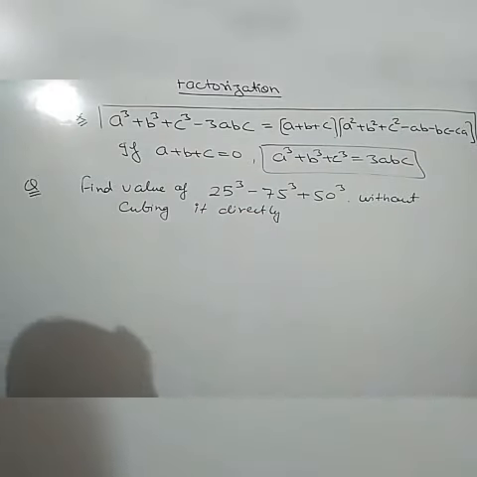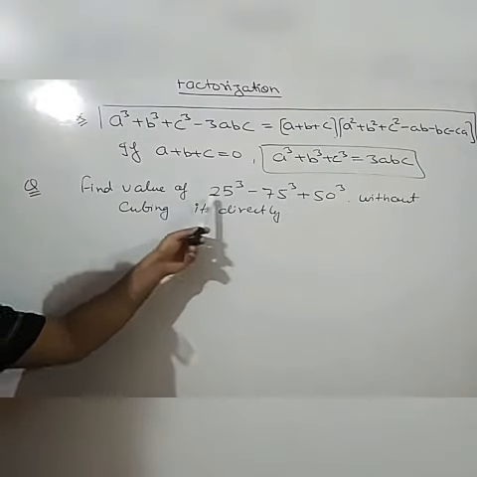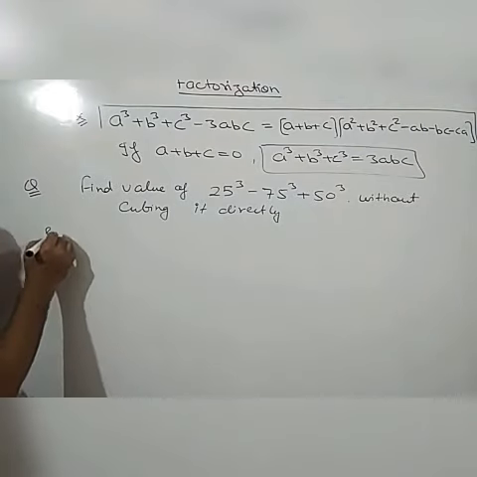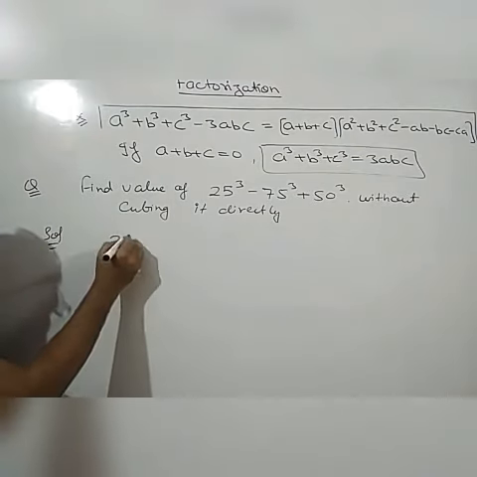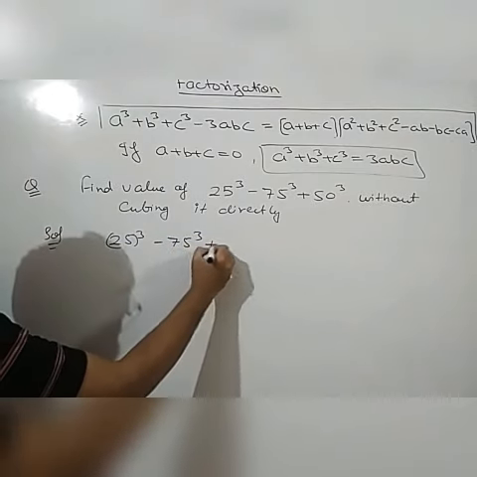Means we have not to take the cube of these terms directly. Okay, so we have to find the value of this term without cubing it directly. So let us solve. What are the terms? It is 25 whole cube minus 75 cube plus 50 cube.